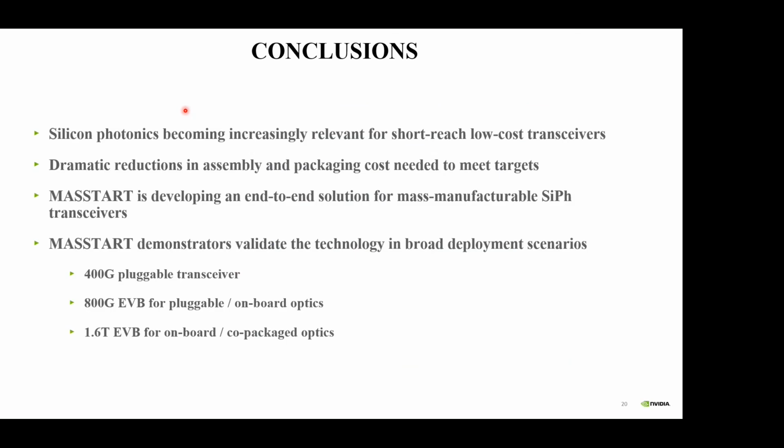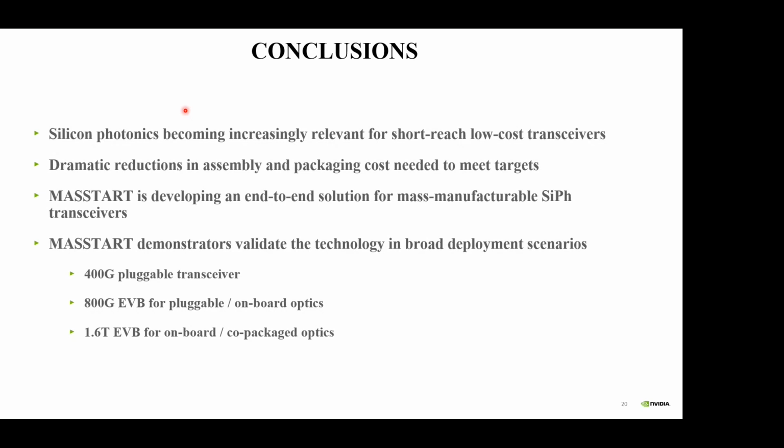Basically, if I need to conclude, silicon photonics is obviously becoming, for SR in the data center, the short reach, low cost transceiver. So what must be done from our side is finding ways to reduce the packaging cost and the assembly procedure, and this is why it has to be built in that manner.